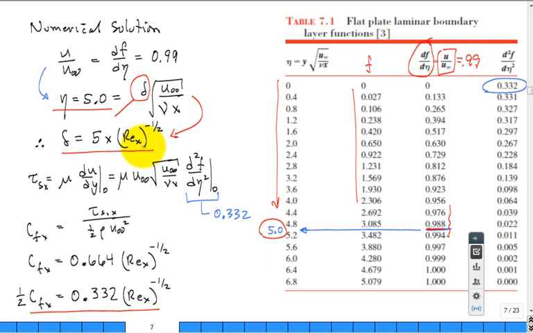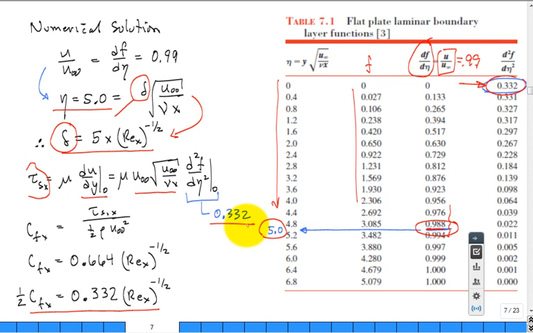The other thing of interest is not only just the boundary layer thickness, but what is that wall shear stress? Okay, here it is in equation form, but then we want to calculate that in terms of the similarity variable. It's a group of terms times that second derivative of f with respect to eta evaluated at the surface. You go over here and you pick that off. It's like you really only use this part of the solution and that part of the solution. And you come in, that's a constant 0.332.